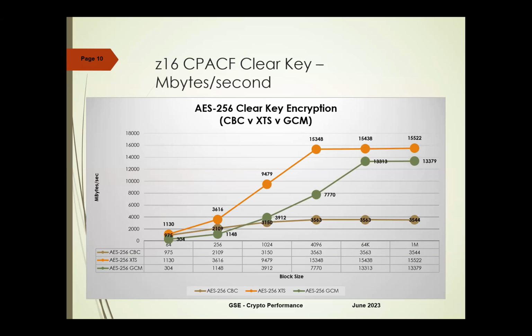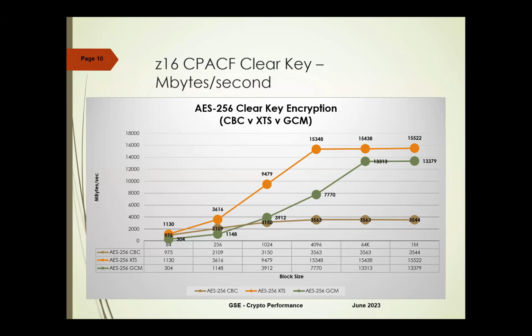On slide 10, we've got the same information, but instead of operations per second, it's presented as megabytes per second. So basically, we're just taking the number of operations per second and multiplying it times the block size so you can see the performance.